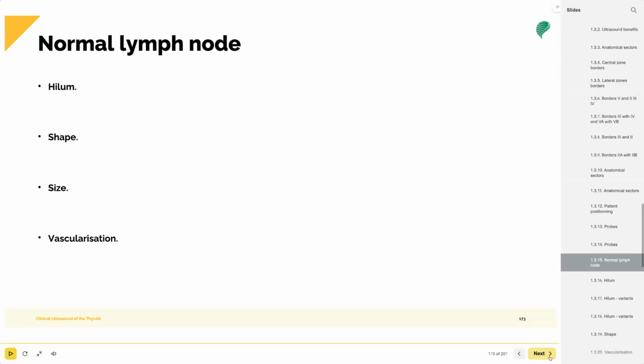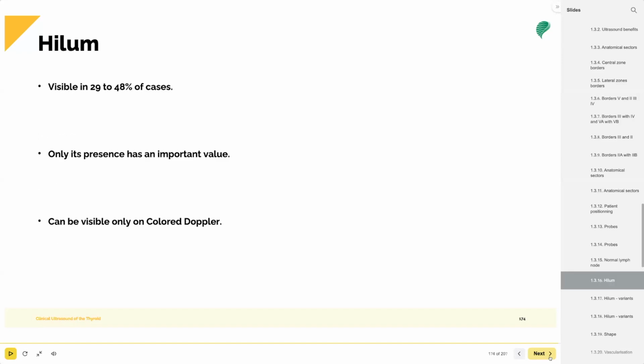So almost the same as a thyroid nodule. Okay, the hilum of the lymph node is visible in up to almost half the cases. Only its presence has an important value, and usually we only see it with color Doppler.